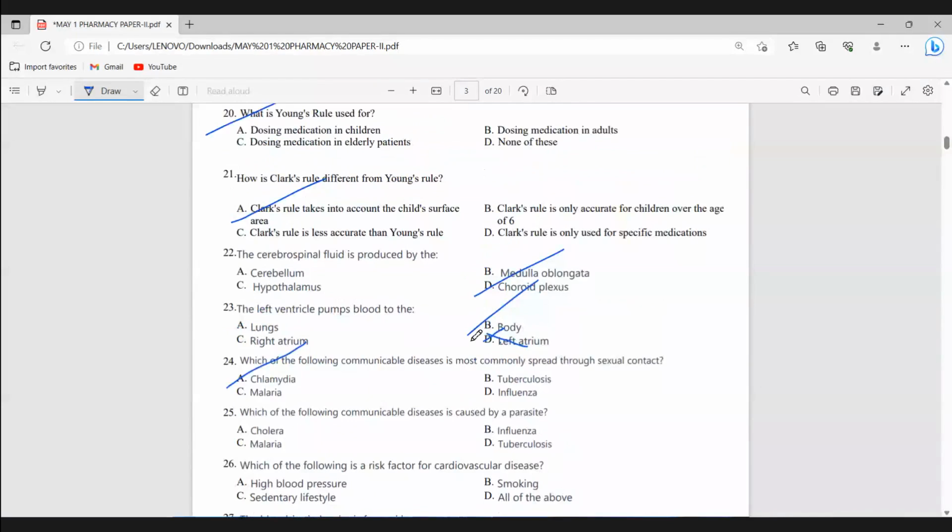21. How is Clark's formula different from Young's formula?